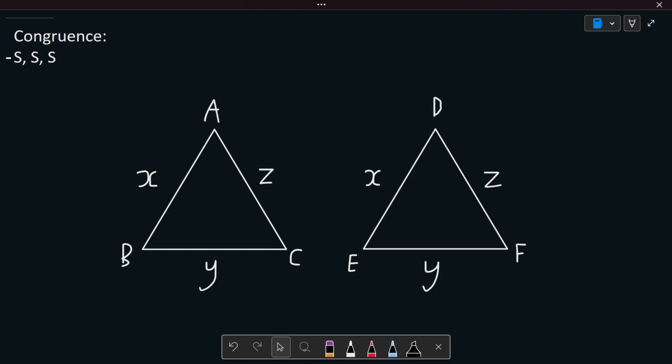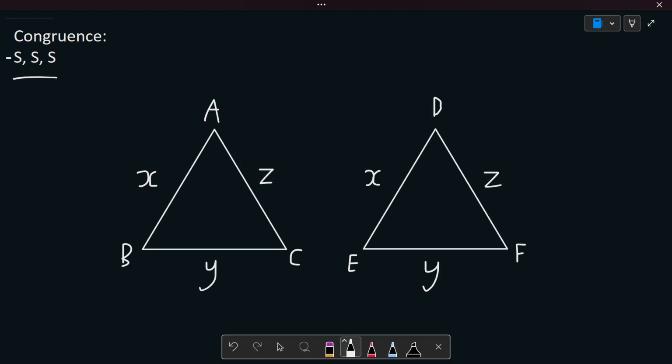So the information shows us that we're using the reason side, side, side, which is short for SSS. When we have triple S, we are going to be comparing the sides between the two triangles.